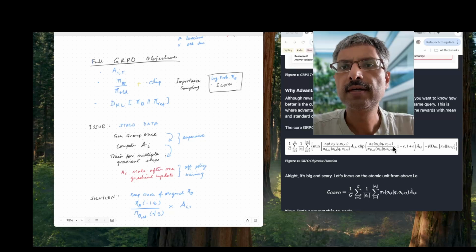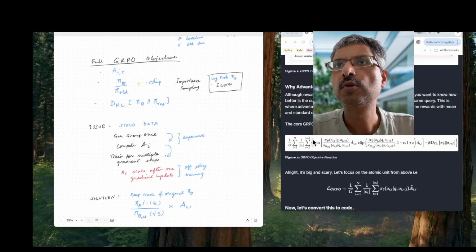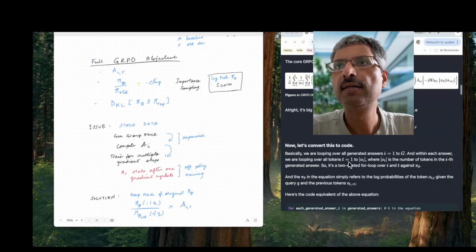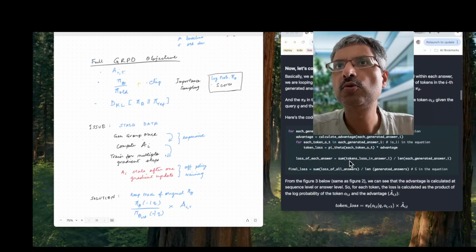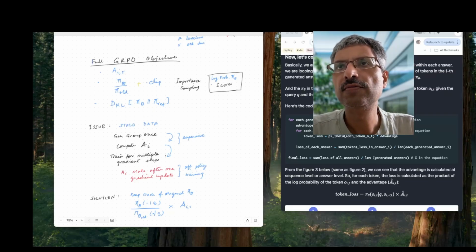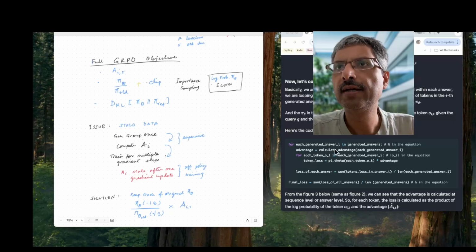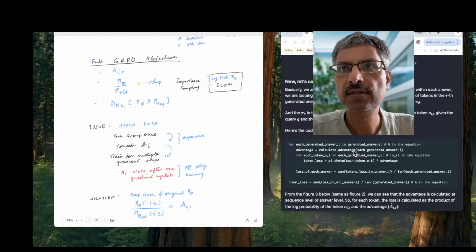To understand it better, we can see the equivalent code for this formula. Essentially, there are two loops. We have a bunch of generated answers, responses, and the reward for each. For each of those generated answers, we compute the advantage, this formula: A minus mu divided by standard deviation.